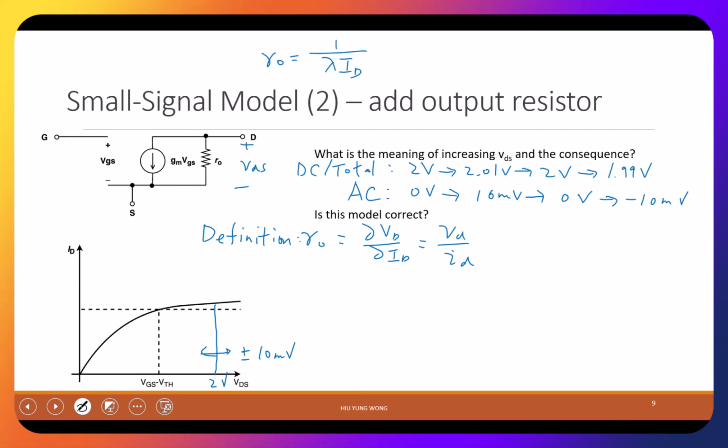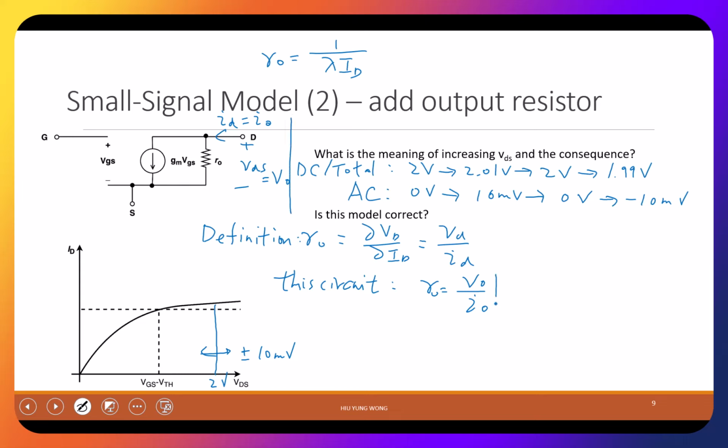How about in this circuit? By definition, which you have not learned, I will say again later, the output impedance is equal to the V out divided by I out. So this is ID, but this is also the output current. This is VDS, but this is also the output voltage.